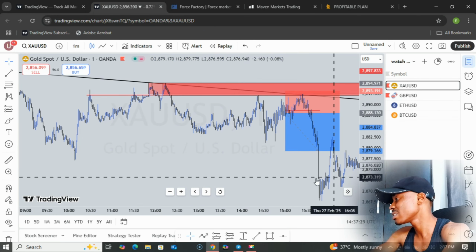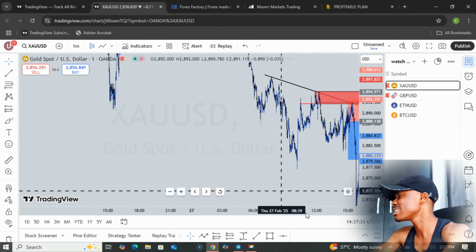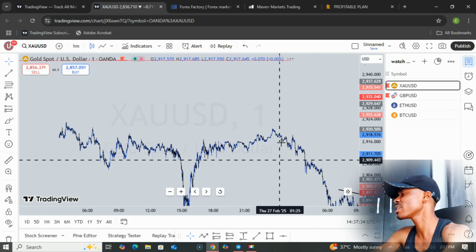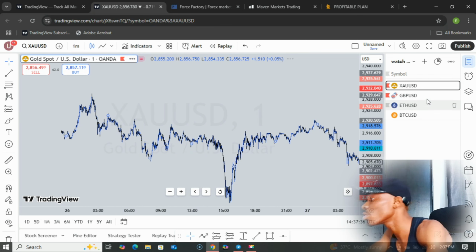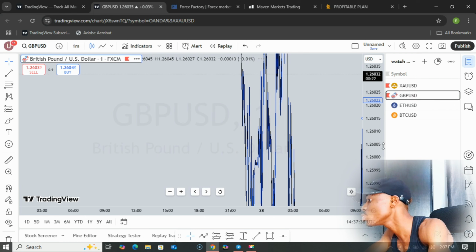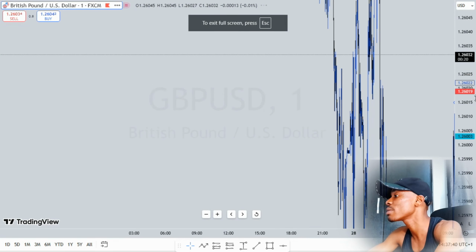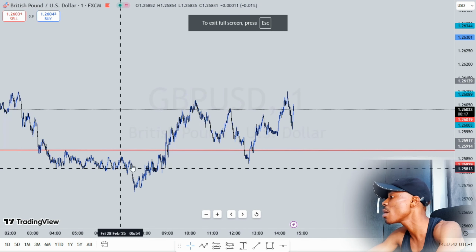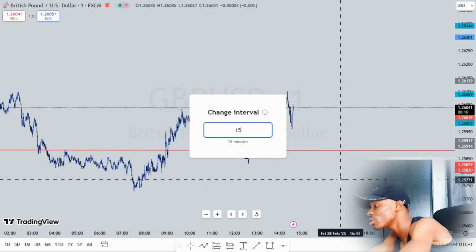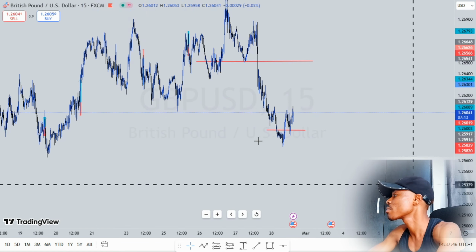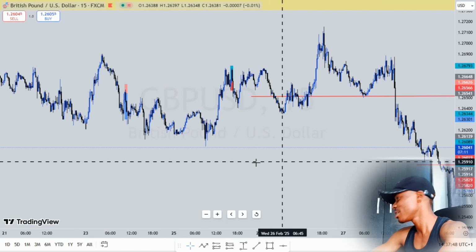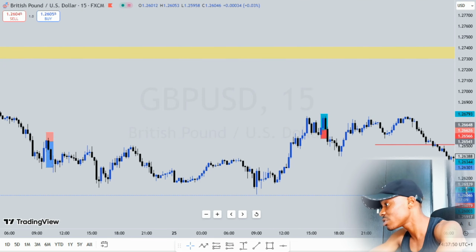So that was yesterday. And another thing, I think this first trade was taken on, okay, it was not on gold, it was on GBP USD. And like bro, just take a look at this trade.